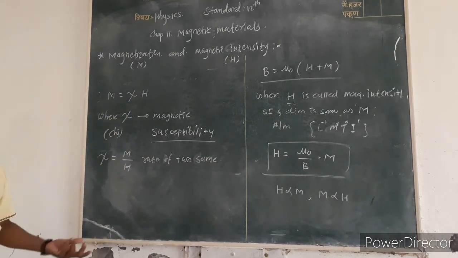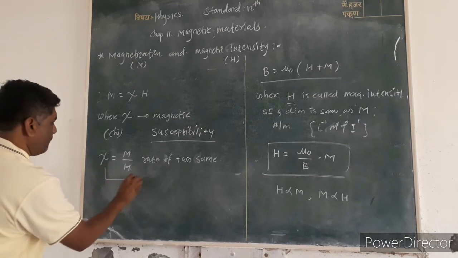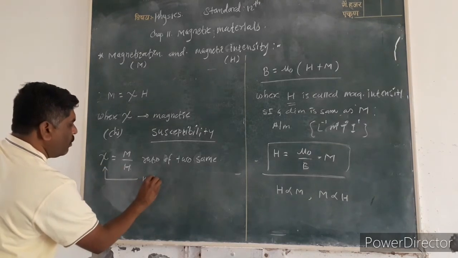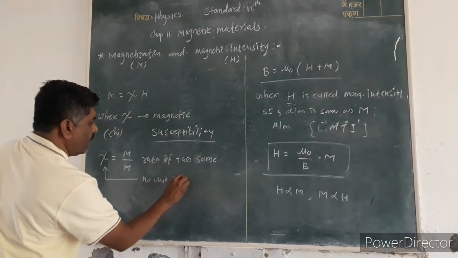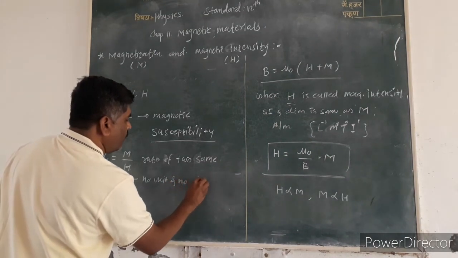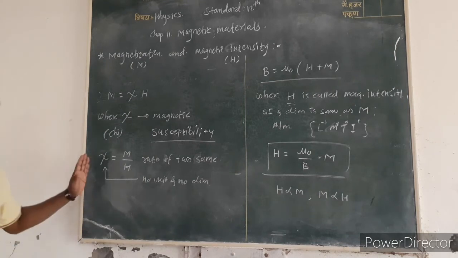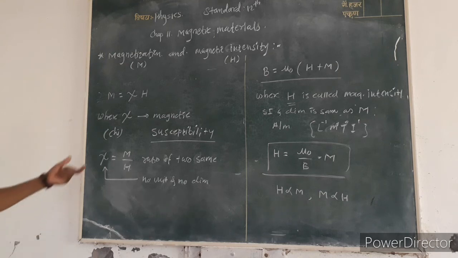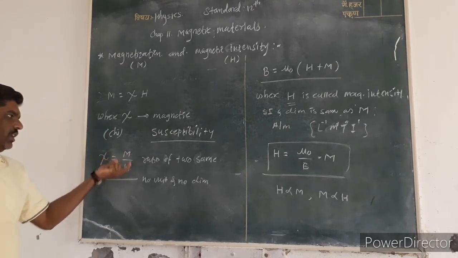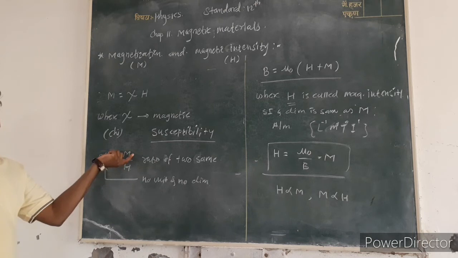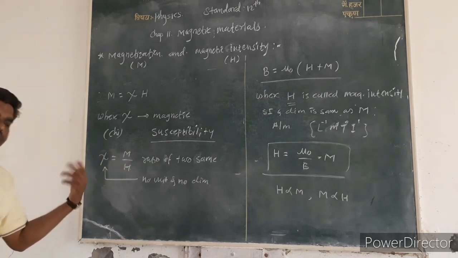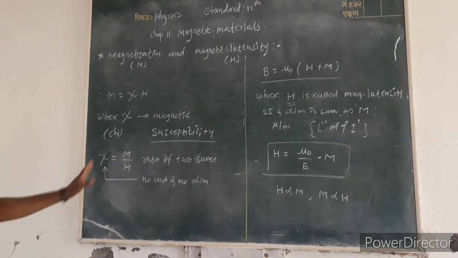Psi has no unit and no dimension; it is a unitless and dimensionless quantity. M and H have the same dimension and unit, which cancel each other, hence psi is a constant, dimensionless quantity.